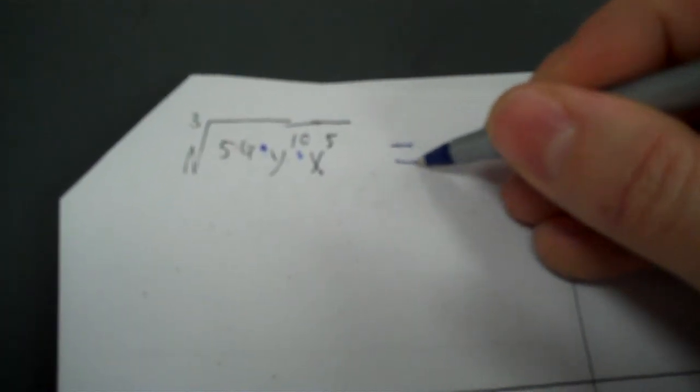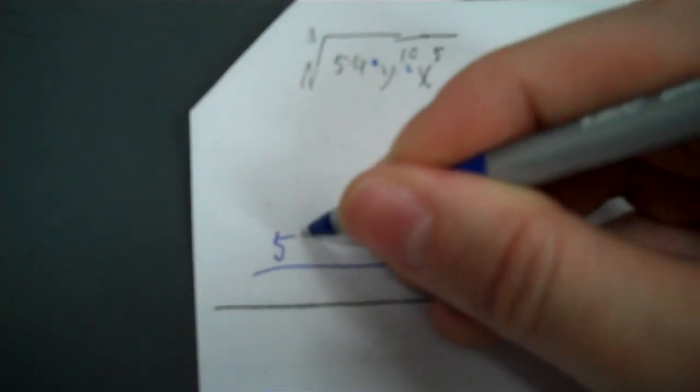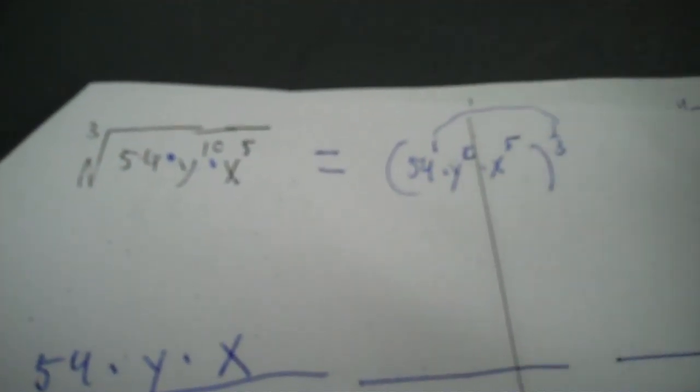Now, here's how you rewrite your radical. You put equals. You make a parentheses with a 1/3 power, and in that parentheses you put the entire expression that's under the radical, 54 times y to the 10th times x to the 5th. So we have 54 times y times x. Now 54 is to the first power, 1 times 1/3 is 1/3.